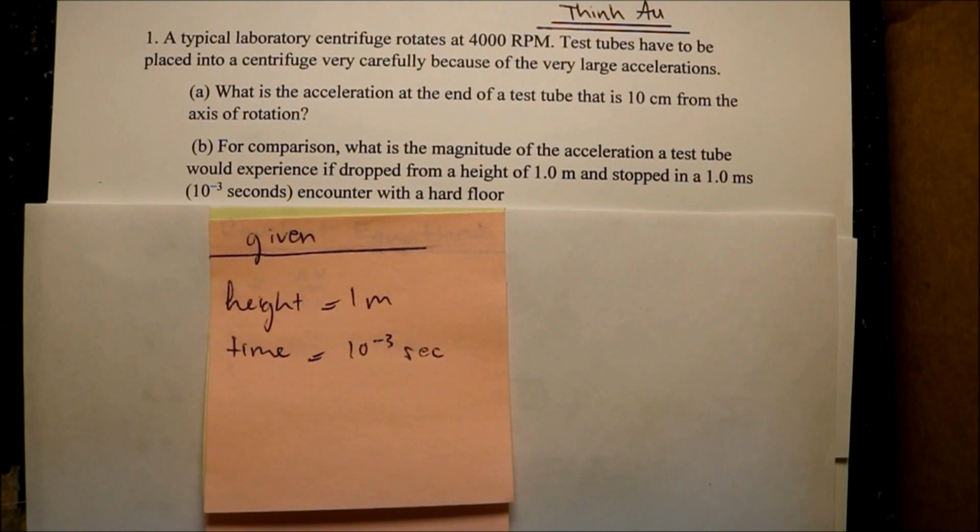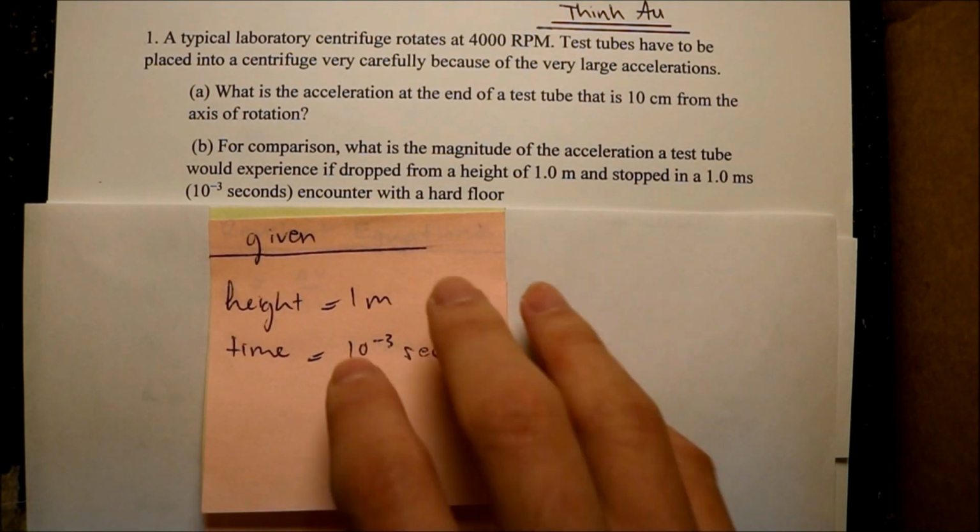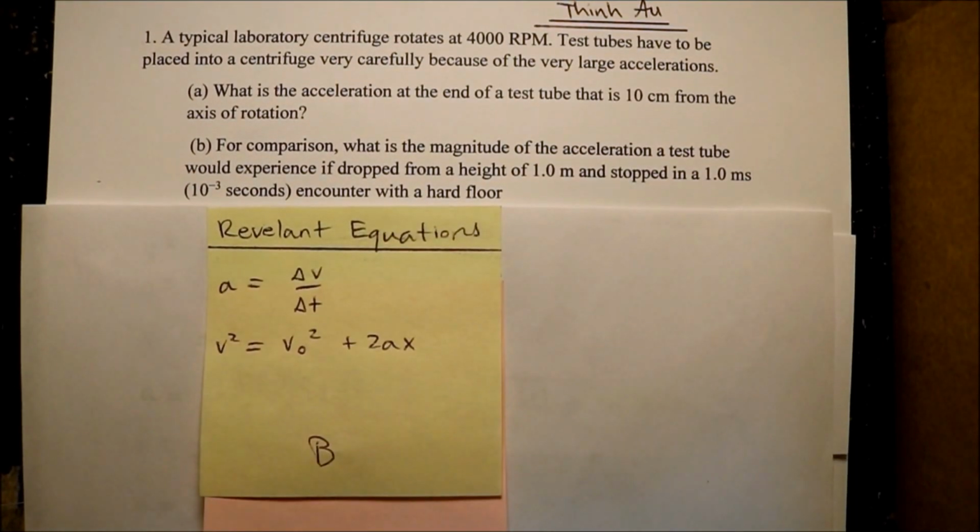Now, let's look at our given variables in part B. We have height, which is 1 meter. We also have time, which is 1 millisecond, or 10 to the negative 3 power second. Okay, now let's look at our relevant equations.